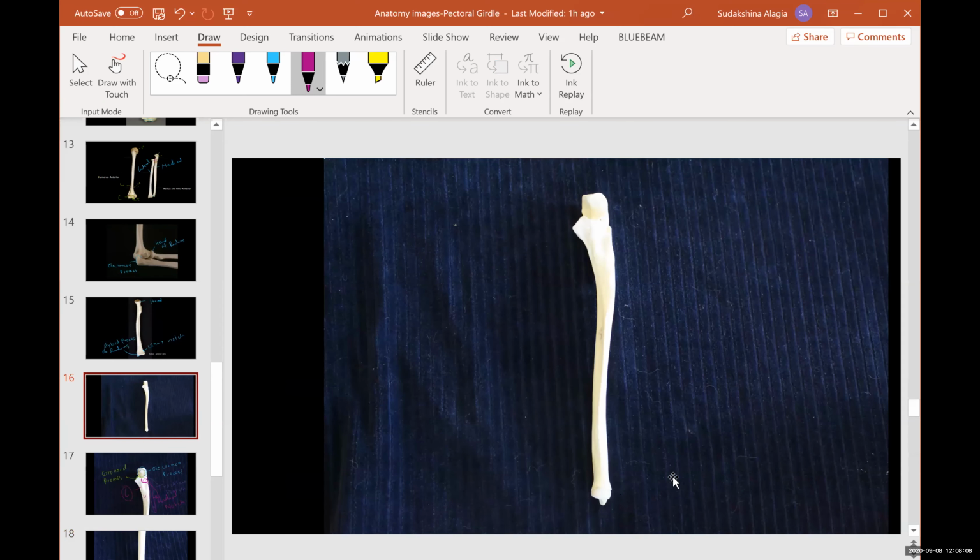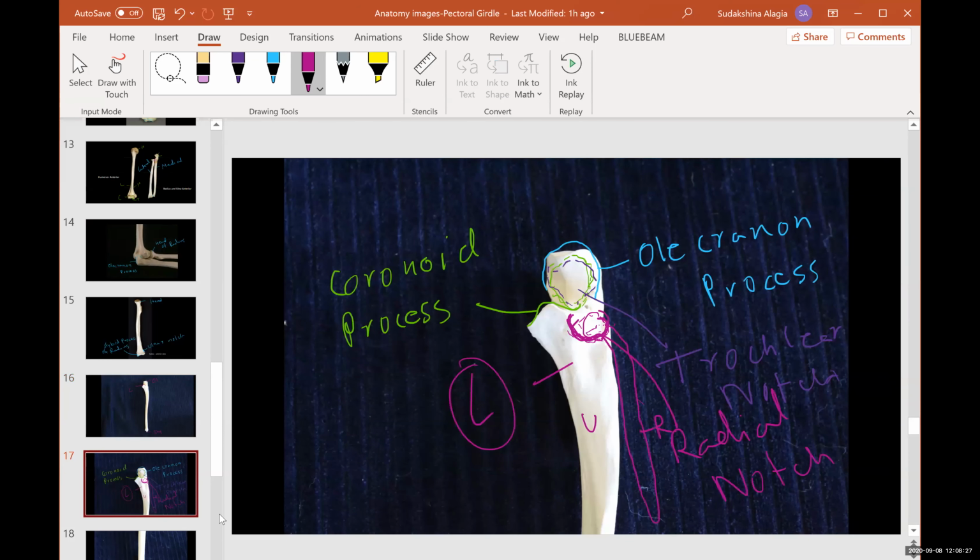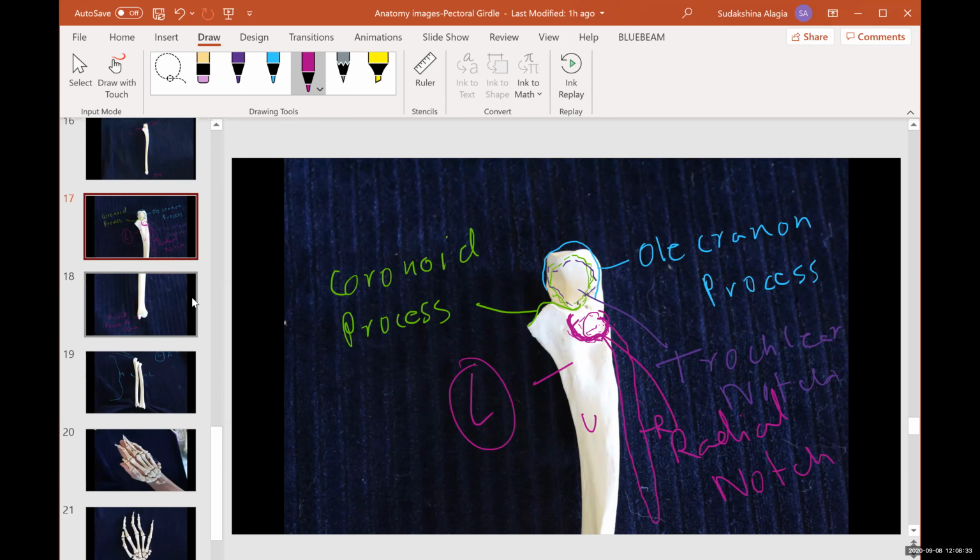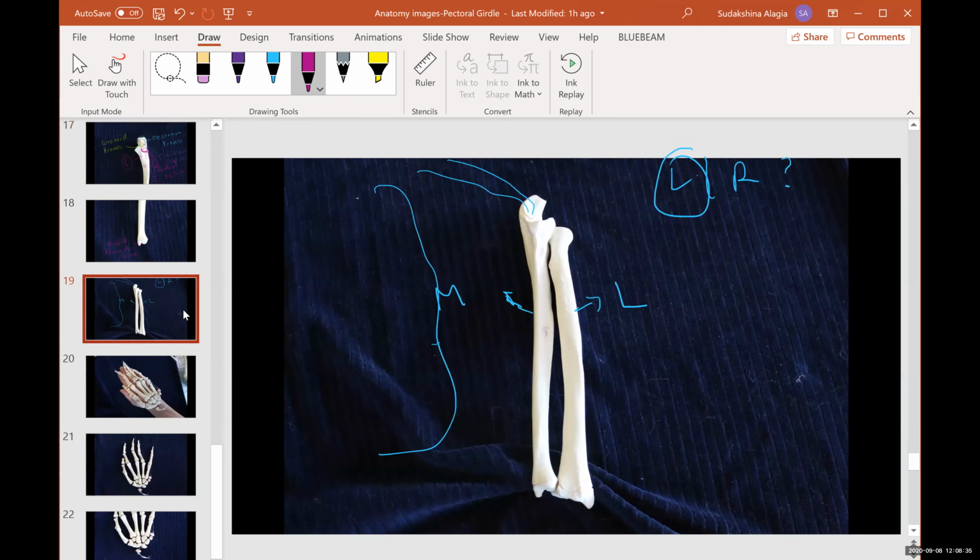You can see the styloid process of ulna, the olecranon, the coronoid. Radial notch is a bit of a glare, so I won't look at that here. Okay, so shall we move on? Once again, this is how these two bones will articulate.